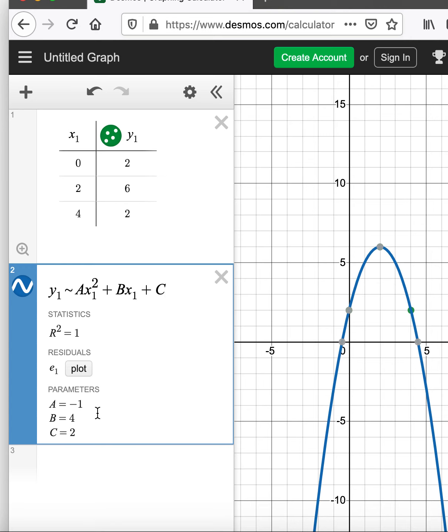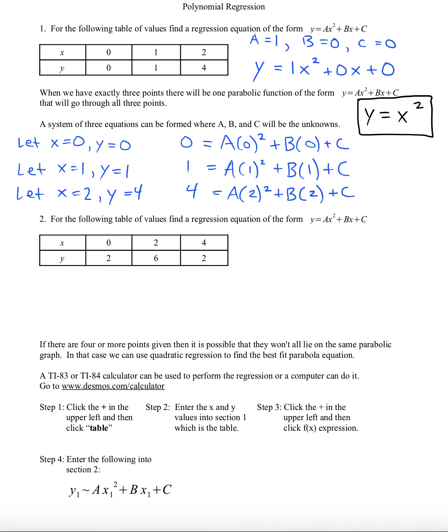Desmos tells us that A should be -1, B should be 4, and C is 2.